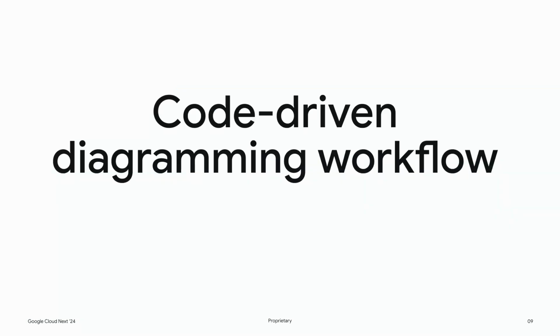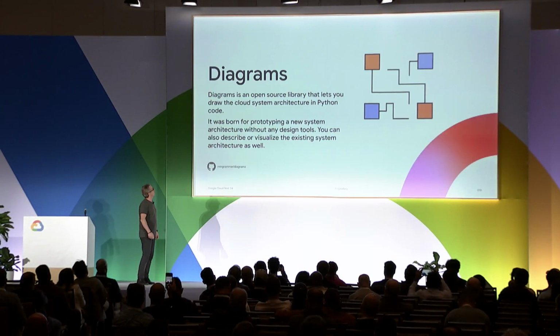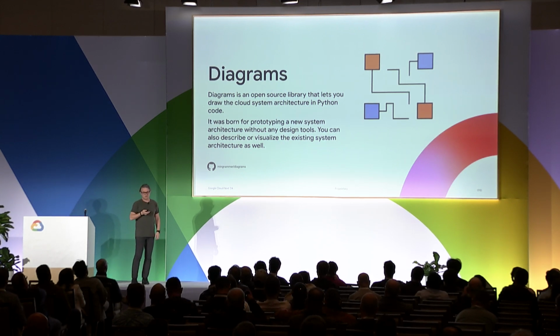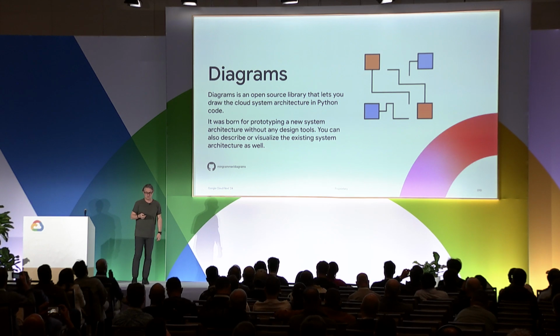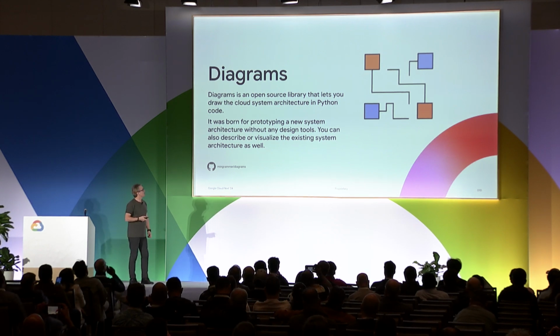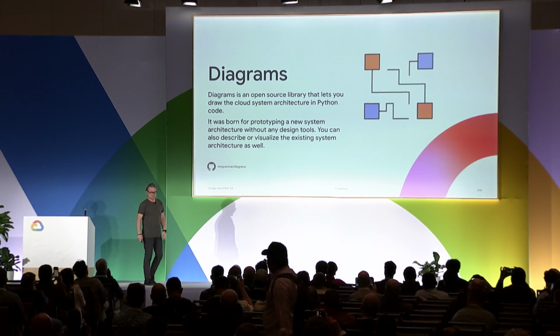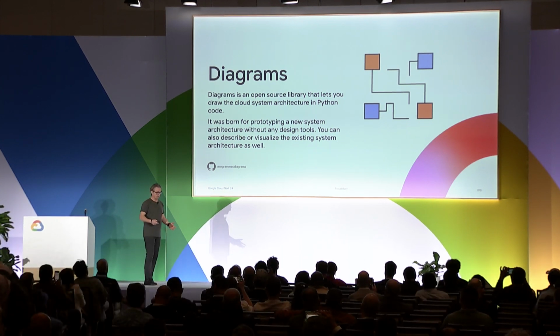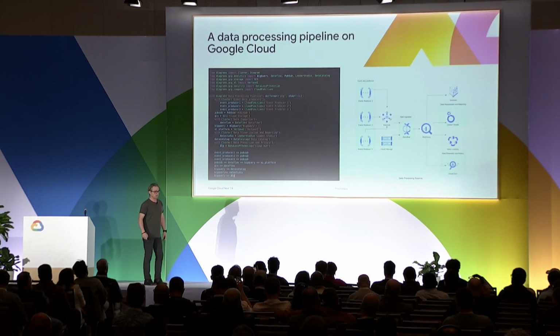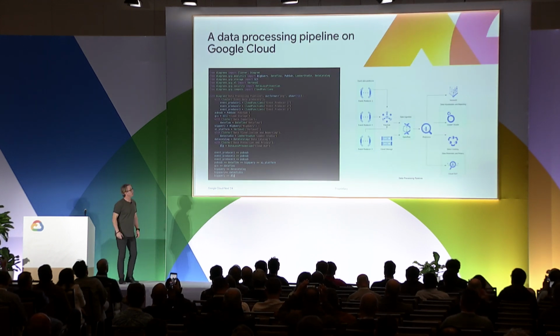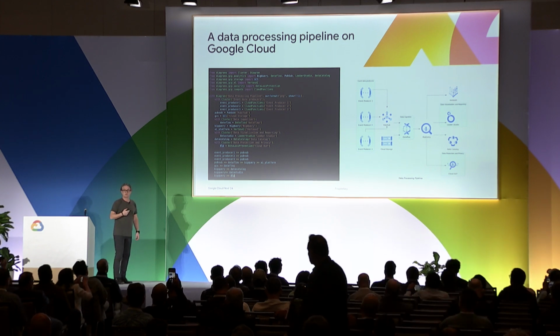Now, let's dive a bit deeper into code for visual diagrams. We'll look at the diagrams library, among other tools of various popularity. It is an open source library that is easily expandable and covers a lot of technologies and platforms. Let's take a look at the diagrams module for Google Cloud.